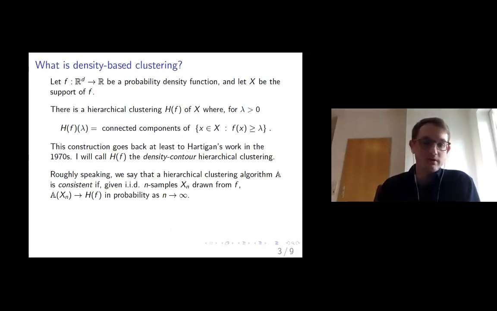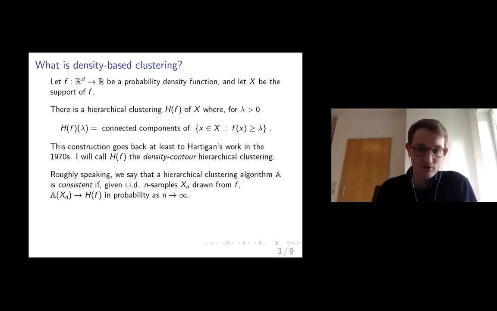So the goal of density-based clustering is to approximate this density contour hierarchical clustering given a finite sample drawn from the density. Of course, one could state this problem in greater generality. For example, one could consider a density function defined on some lower dimensional manifold, but for now, we'll just keep things simple. In this context, people use the word consistency to mean roughly the following.